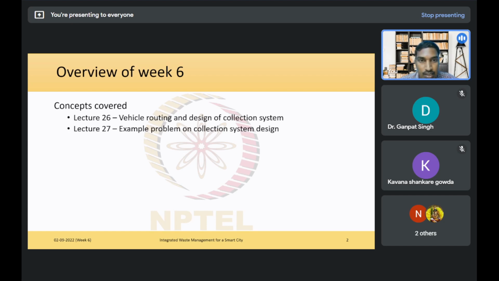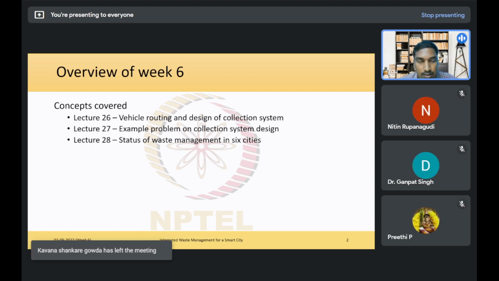We looked at various factors: how to determine the pickup time, how to determine the volume of the trucks, how to determine the number of personnel needed for the collection, and so on. Once we looked at that, we then reviewed the state of waste management in 6 cities, and the techniques being followed in these different cities.